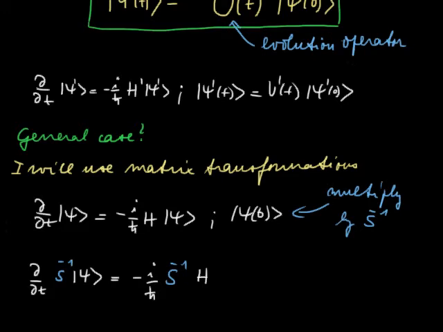So what I would like to do here is introduce another version of my beloved trick with the unity. I introduce 1, in the form of S to the power of minus 1 and S. This changed nothing because this is still 1, but I have got my equation again with the same equation on the left and right hand side.